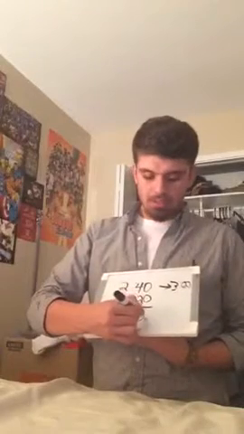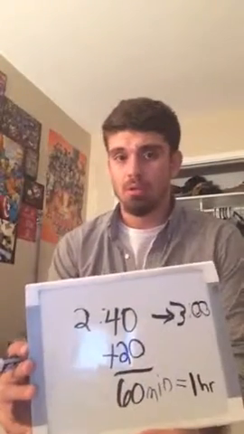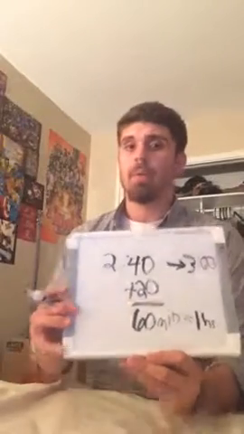So 60 minutes is equal to 1 hour, and that's something I feel we should focus on before we do any of the approaches, whether it be the linear or the set model.